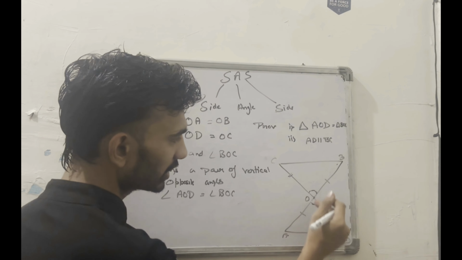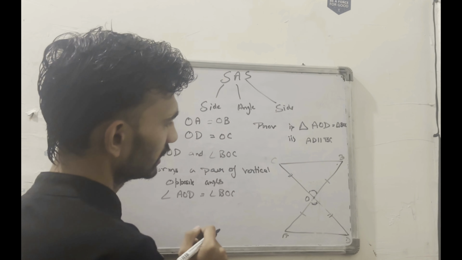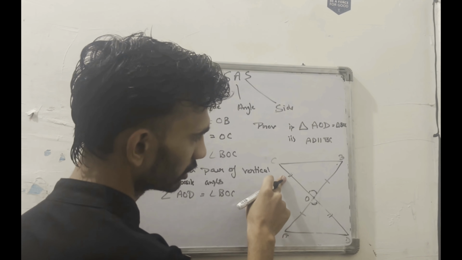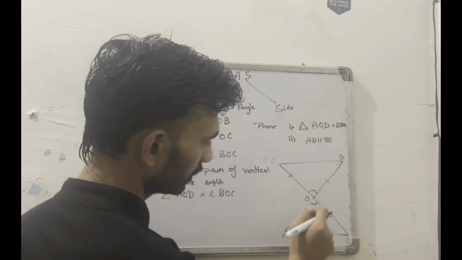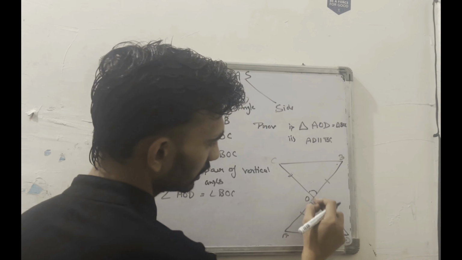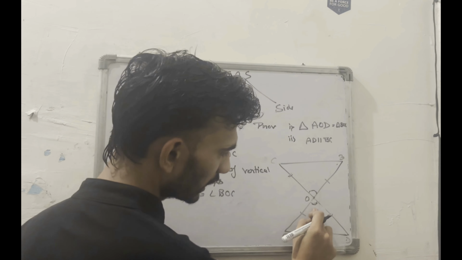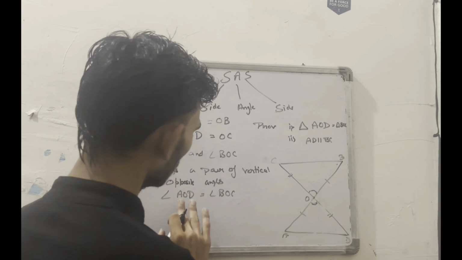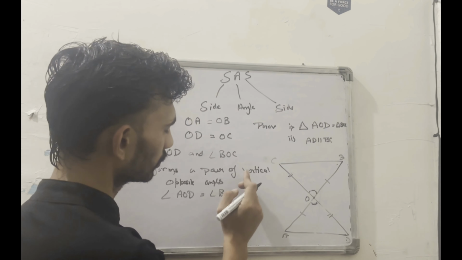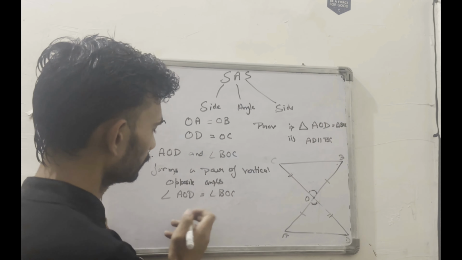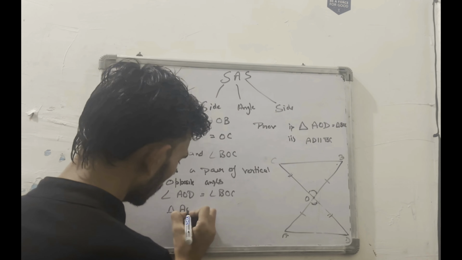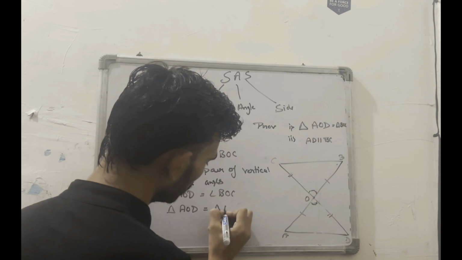If the angles are equal, as we have seen here that a side is equal to another side, then a side is equal to another side, and here we have to check that that one angle is equal to that one angle. So we have checked that angle AOD is equal to angle BOC with the help of vertically opposite angles. So we will write that triangle AOD is congruent to triangle BOC.